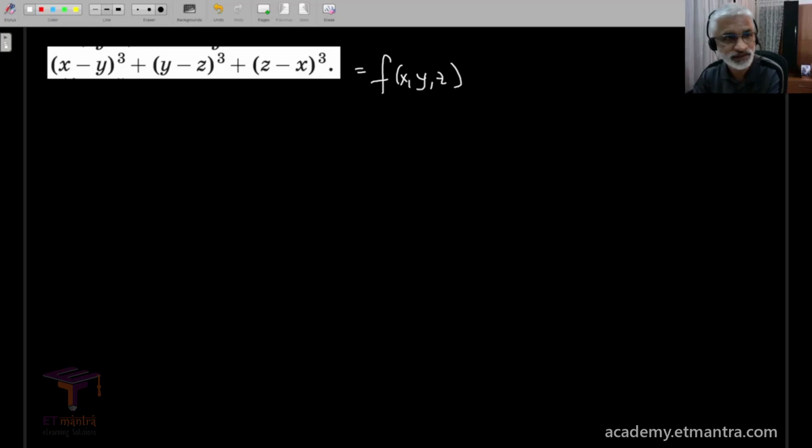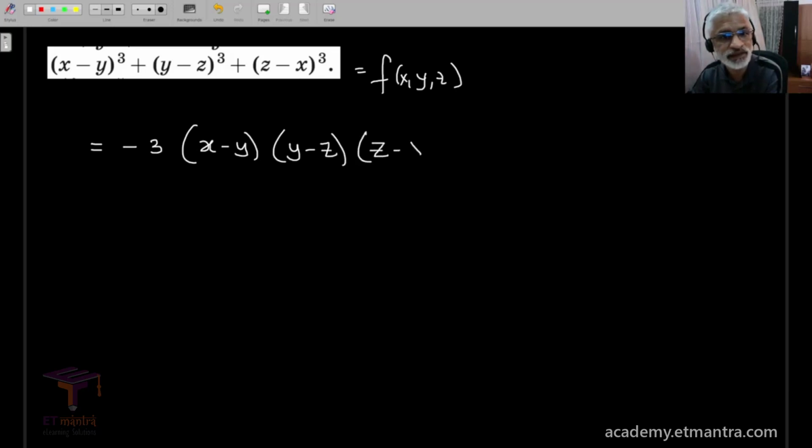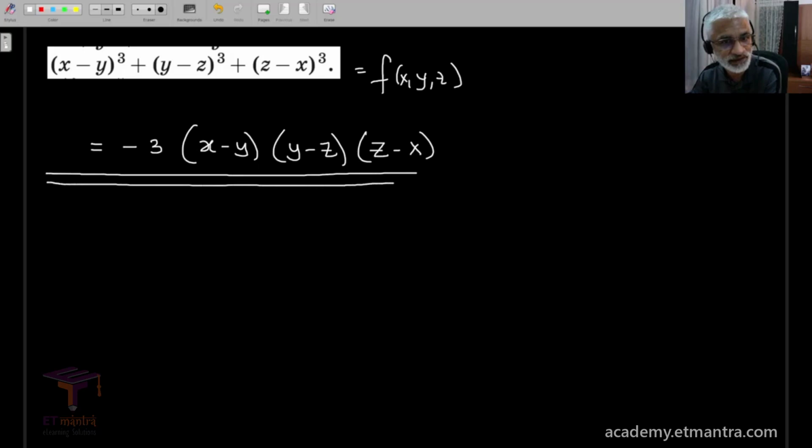Let me write down the answer up front. This will turn out to be minus 3 times x minus y into y minus z into z minus x. So now let's see, like I promised, we'll try to get at this answer at least in 3 different ways.